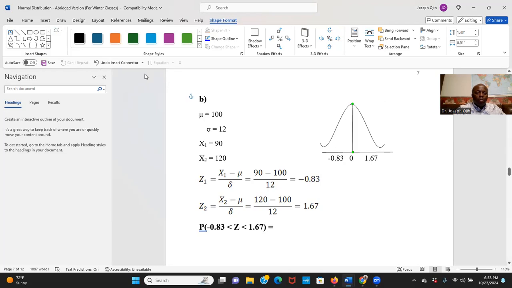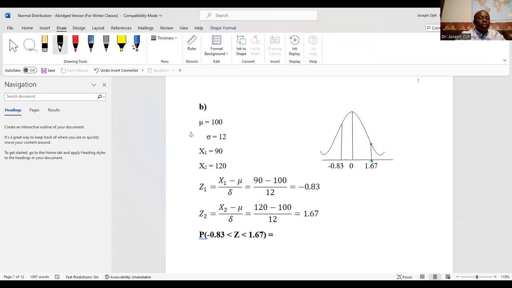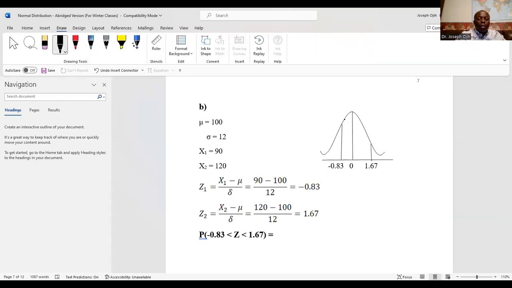Between these two numbers, I'm going to put the line that represents them, between negative 0.83 and 1.67. And it says between them, right? So we're going to shade between them to show the full picture.